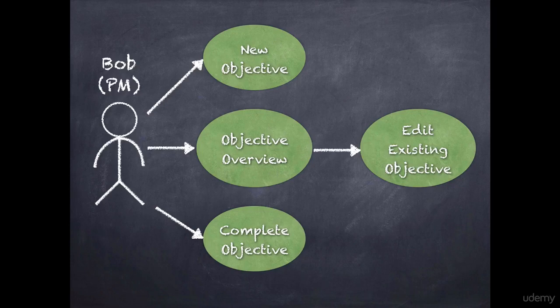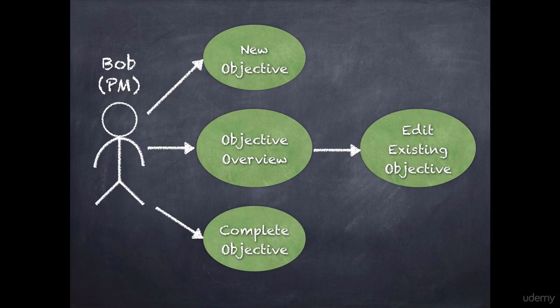Well, then Bob would want Blueprint to be able to create a new objective. In addition to creation of an objective, Bob would also like to get an overview of all the existing objectives that he's assigned to other people. And from that, what if Bob's boss says, "Hey, we need to push up the deadline for something." Well, from that overview, Bob can edit an existing objective.